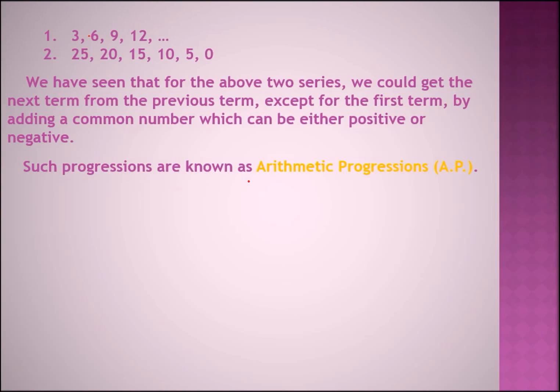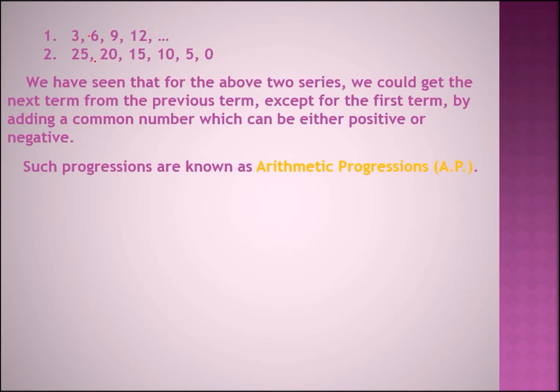Such progressions are known as arithmetic progressions, or abbreviated as AP. A for arithmetic and P for progression. The series, first of all, should be progressions, having some law which will be governing the existence of the numbers present in the series.